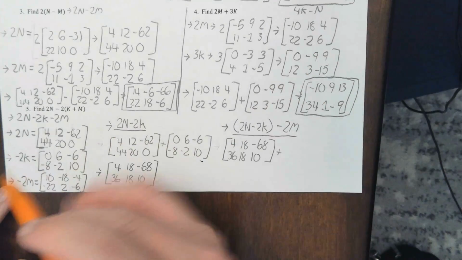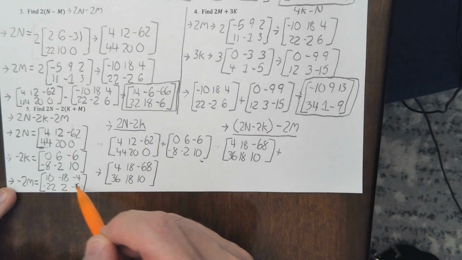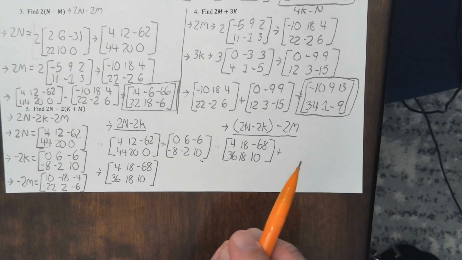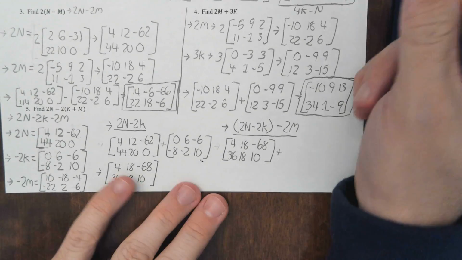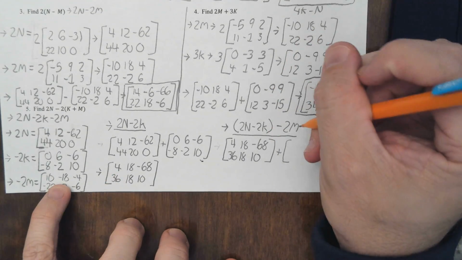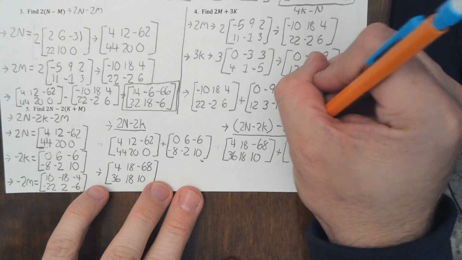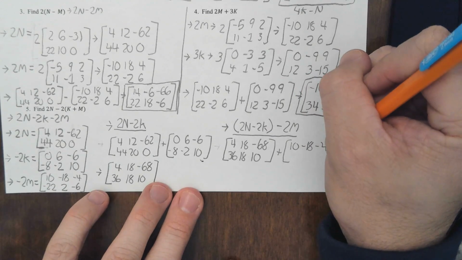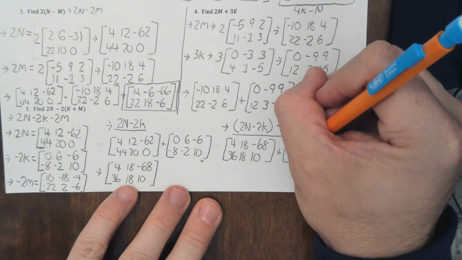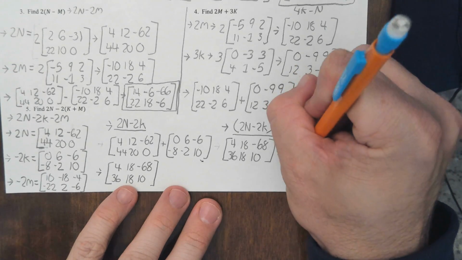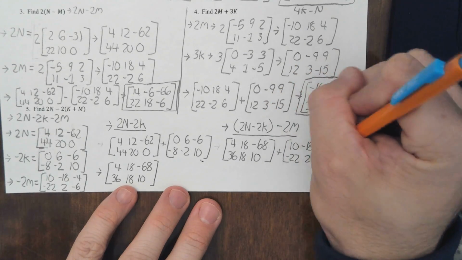Plus, because remember, I already distributed that negative 2 through. So these signs have already changed. So that needs to now be a plus. What does negative 2m equal? That's going to be 10, negative 18, negative 4, negative 22, 2, and negative 6.